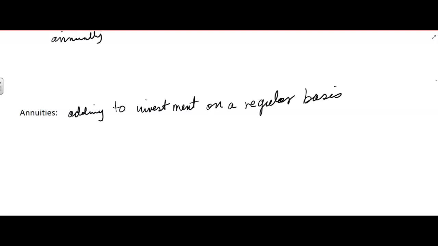So IRAs are often done this way, and you say, okay, I want you to take $1,000 out of my paycheck every month and put it in this account, my IRA. So you don't have a set amount that you're investing because it keeps growing. You keep putting more money in, and then you keep earning more interest on that money that you've put in. And that's the idea behind an annuity, so you can have enough money to retire. Trust me, that's a good thing to try to have.